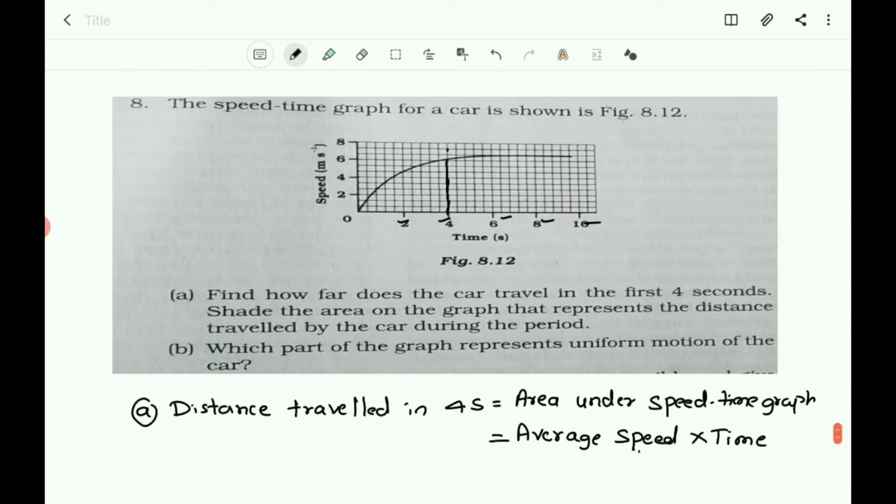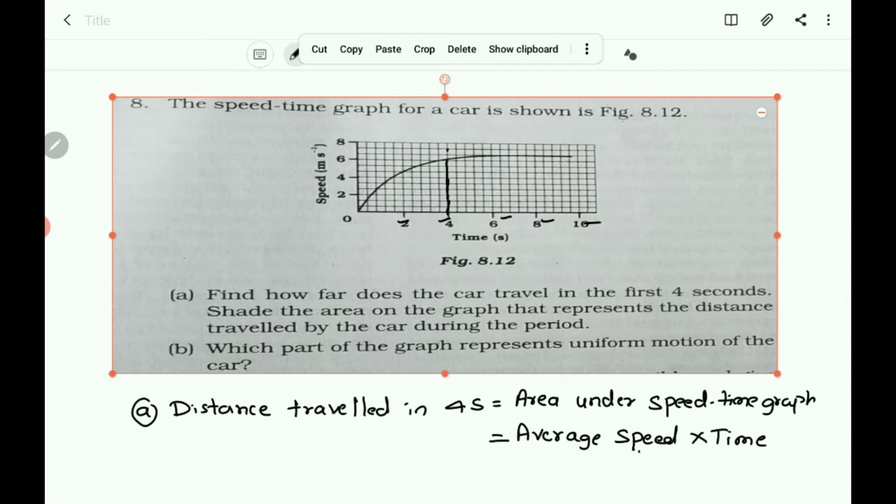Here you take the speed at 0 second and the speed at 4 seconds. The speed at 0 second is 0 only. See here, it is 0.